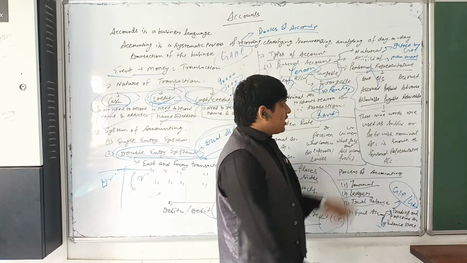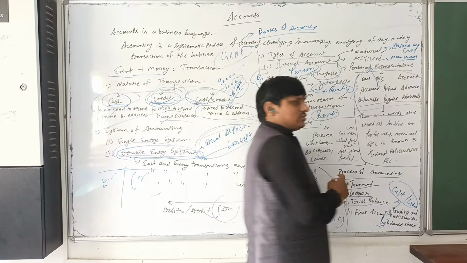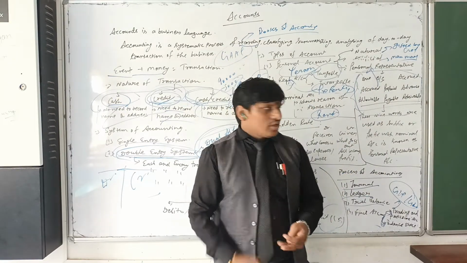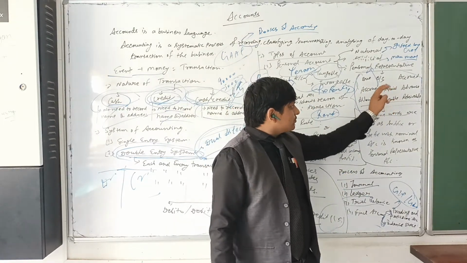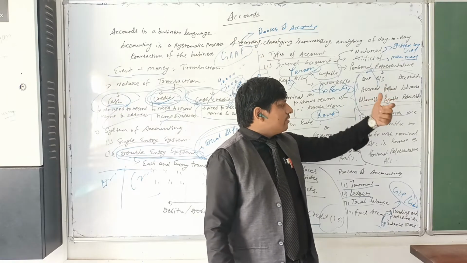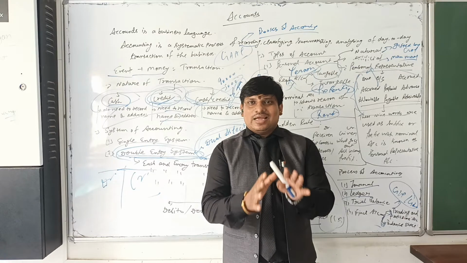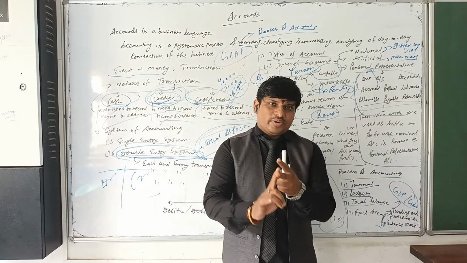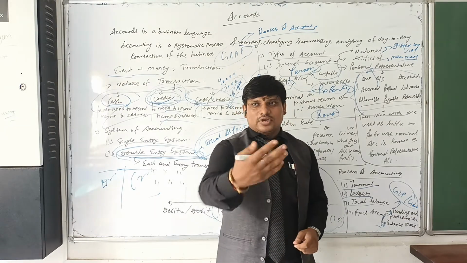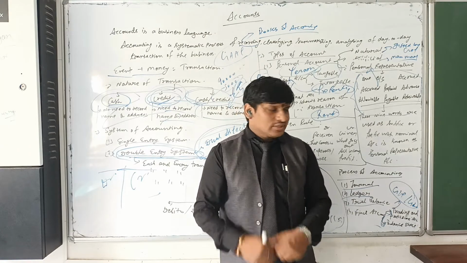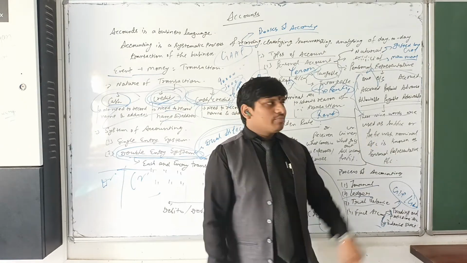There are nine words I have written here: due, outstanding, accrued, prepaid, advance, allowable, payable, and receivable. If these nine words are used as a suffix or prefix, after or before the words, that particular account is no longer a plain nominal account.